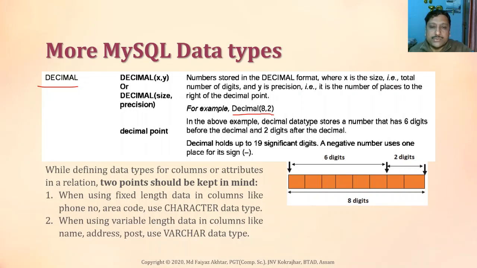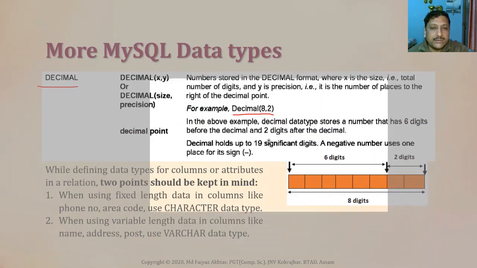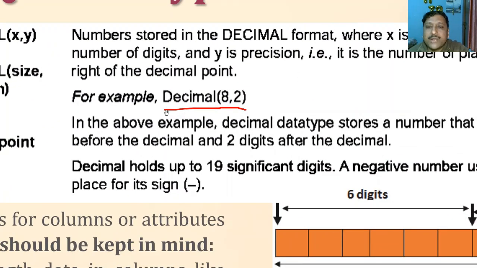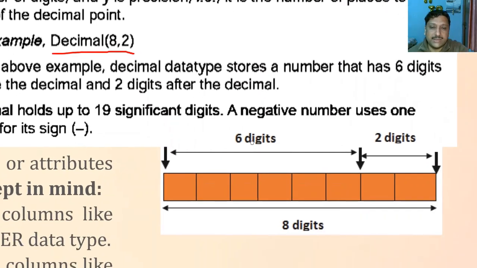To understand more about this, here is an example. Suppose we have defined a column like this: decimal 8,2. How big a number can be stored here?